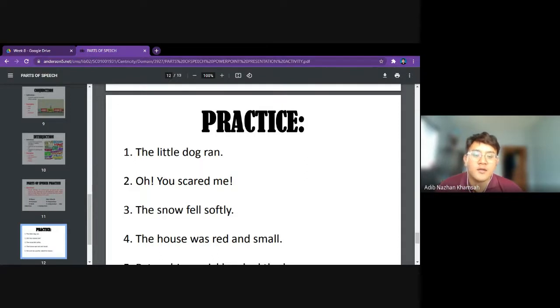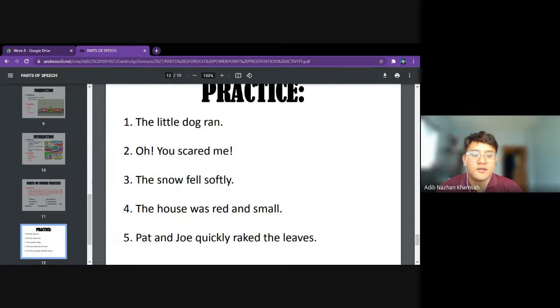A little dog, anjing yang kecil. Kecil tu adalah sifat ataupun rupa bentuk. So dia falls under the category of adjective. Dog is a noun, ran, berlari, so it's a verb. So you tulis kat sini. We write it up here. Little, adj. Dog, noun, n. Ran, verb, v. Okay, salin balik all of this.